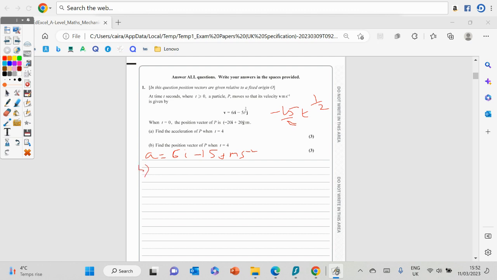Find the position vector of P when t equals 4. Position vector, we're told about the distance, so we need to integrate v with respect to time.